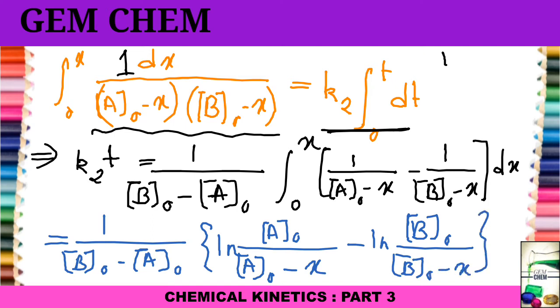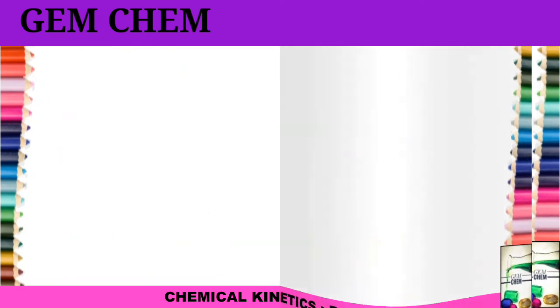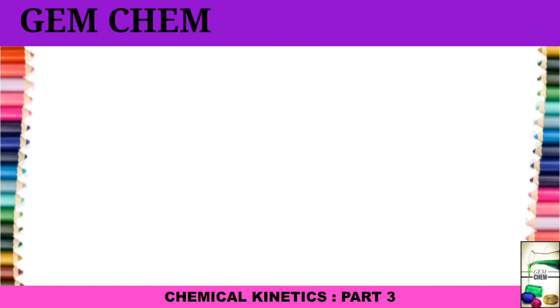And we know that A0 minus x is actually our concentration at time t, so we can write it as A concentration at time t and this as B concentration at time t. Now we will rearrange the equation and get our desired equation so that we can easily plot the different graphs. Now for this case we are not going to plot any graph but show you the different equations which will help you to plot the graph.